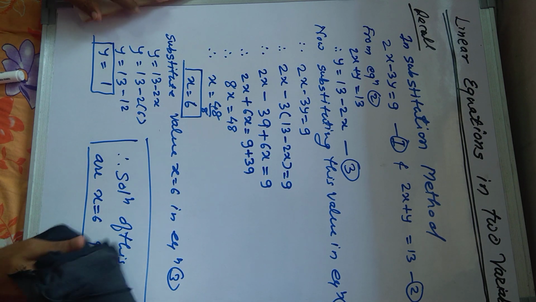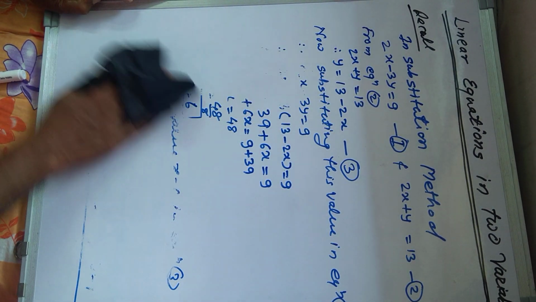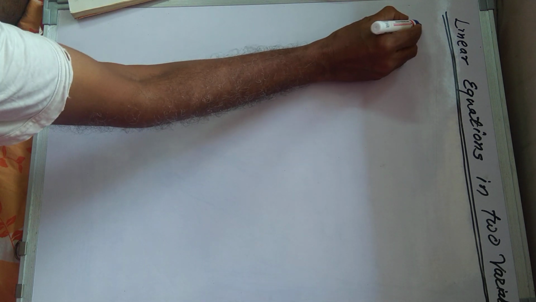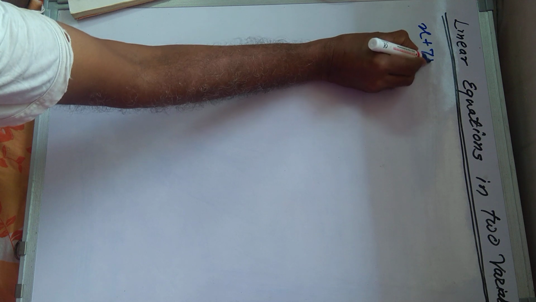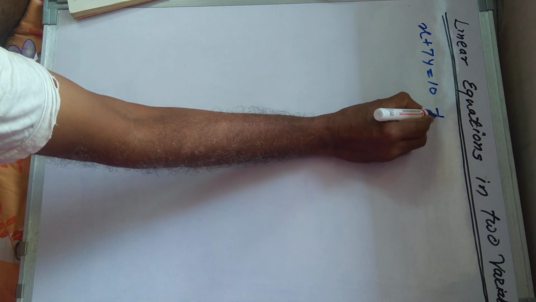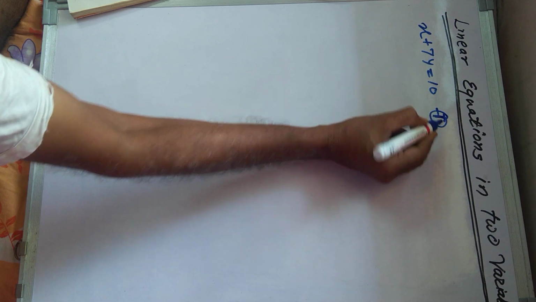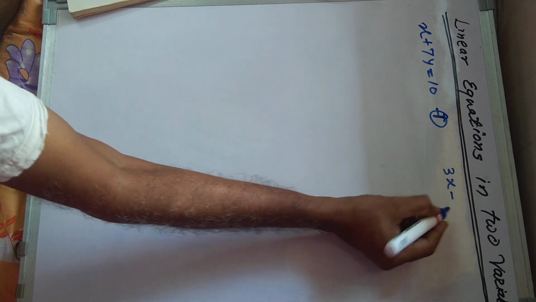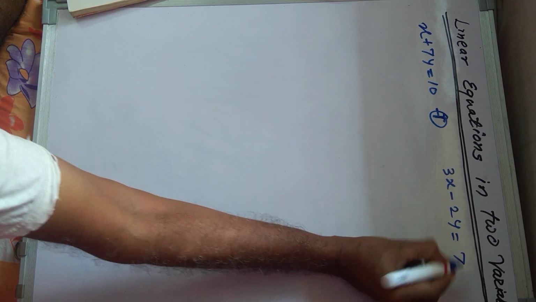Suppose we take the example x plus 7y is equal to 10. That is the first equation. And the second equation is 3x minus 2y is equal to 7.